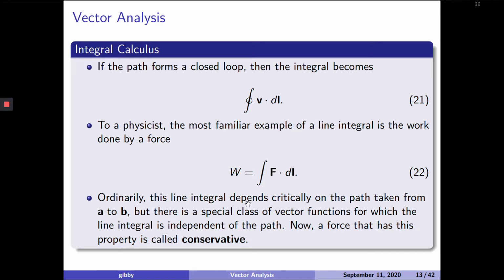We'll have an example later on wherein there is this kind of force, and when you take the line integral, the value is the same whether you evaluate the integral from a to b along any path. The value of the integral does not depend on the path along the way, but is dependent only on the initial and the final point.